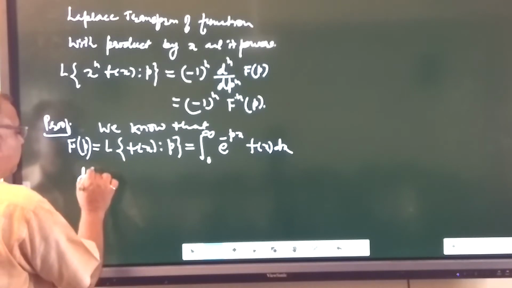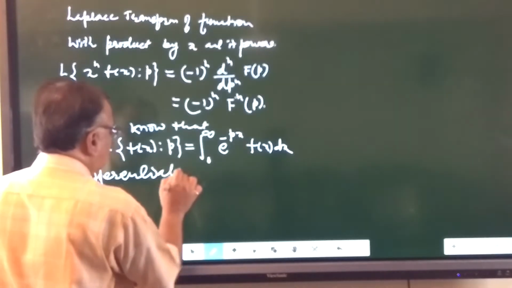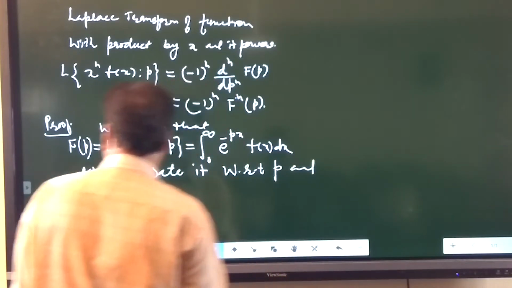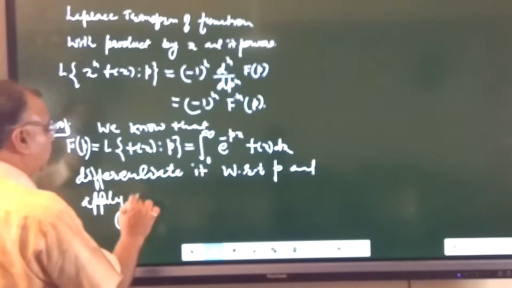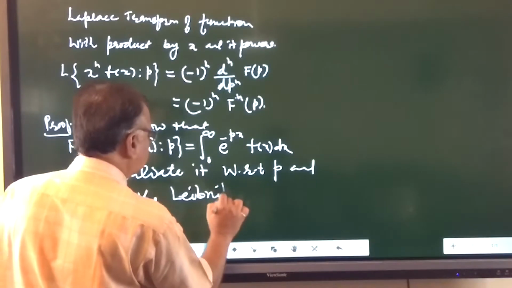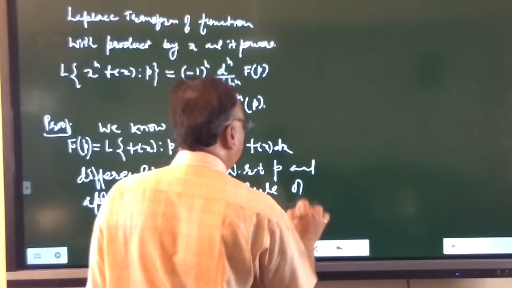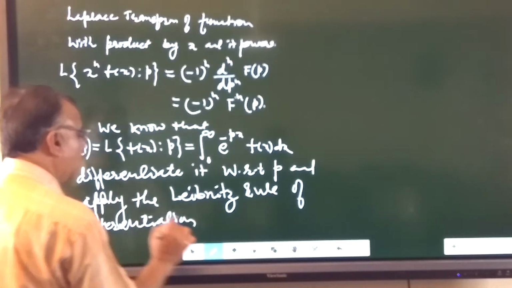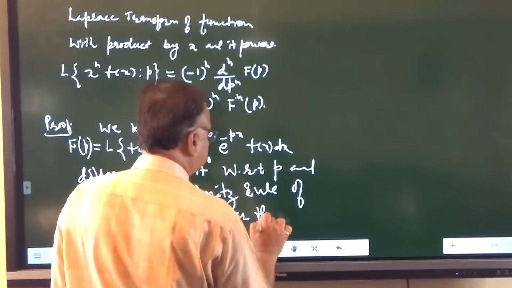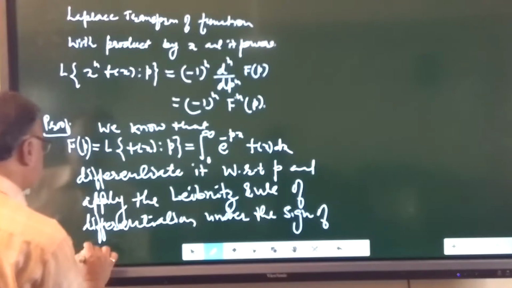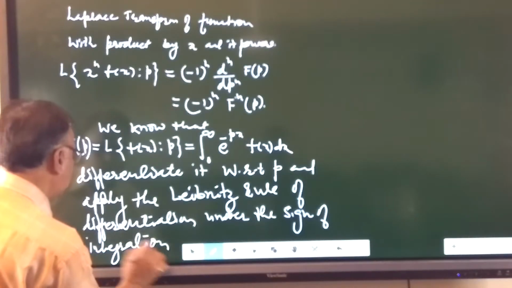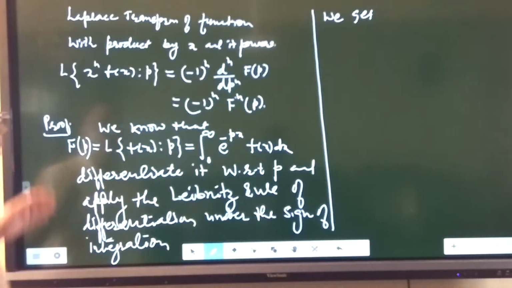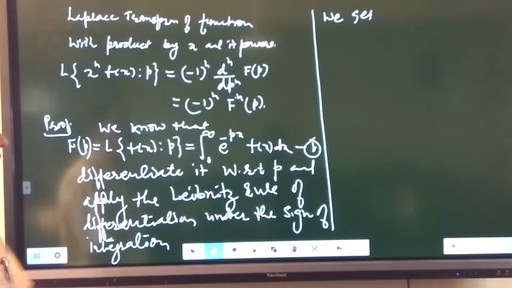If we differentiate it with respect to p and apply the Laplace rule of differentiation under the sign of integration, we get: first differentiate equation 1 with respect to p.